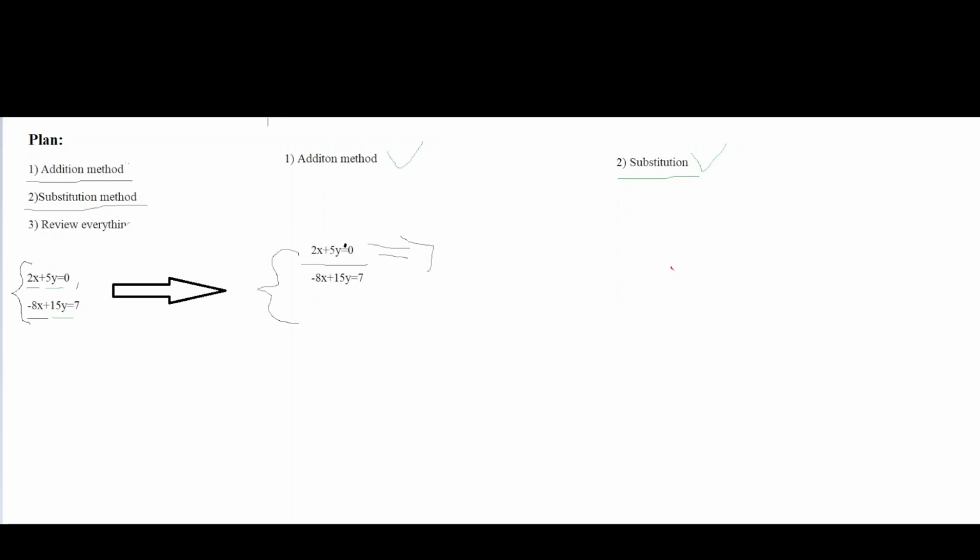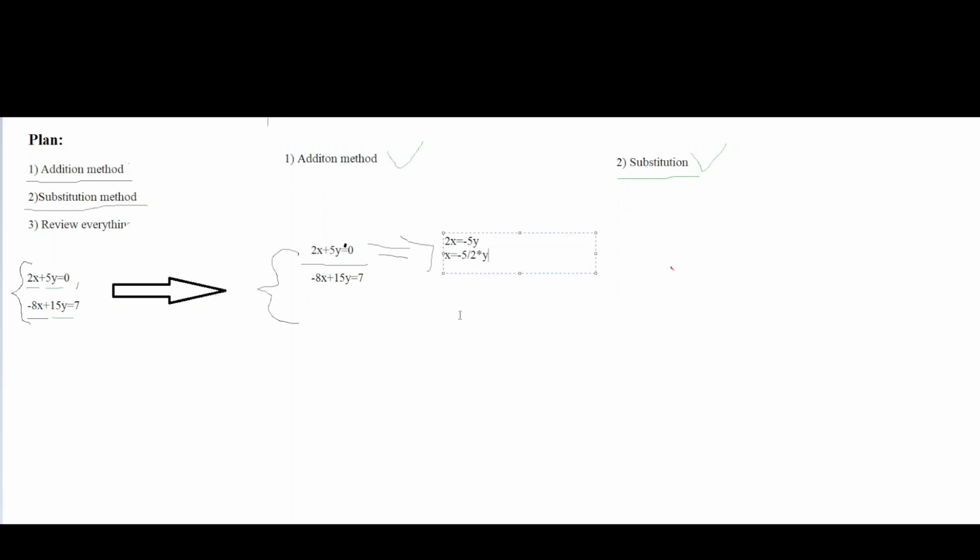So we'll have 2x equals minus 5y, because we transport 5y through the equal sign so that it becomes negative, and then x equals minus 5 over 2 multiplied by y.